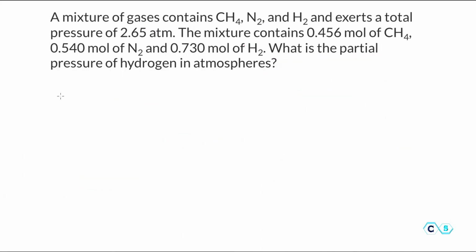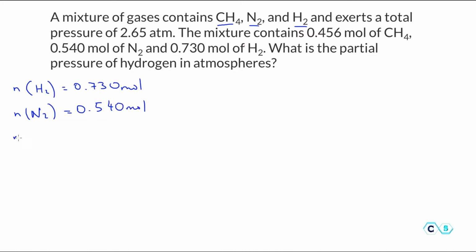Let's look at one example. What is the partial pressure of hydrogen in a 3-component mixture: methane, nitrogen, and hydrogen? So the first thing that we want to do here is write down what we have. We have the moles of each gas, so let's write down that the moles of hydrogen is 0.730. We have the moles of the nitrogen, 0.54.